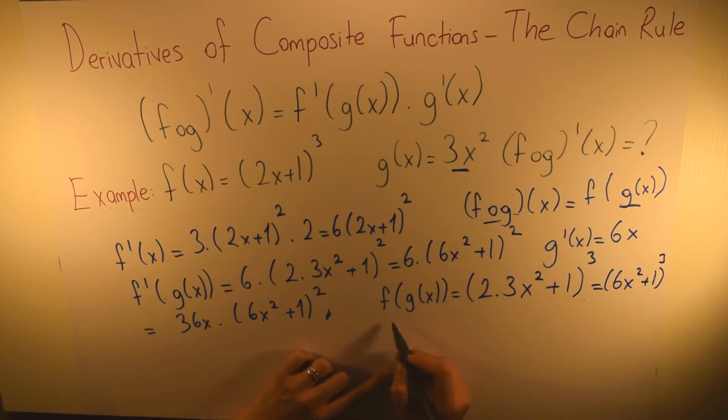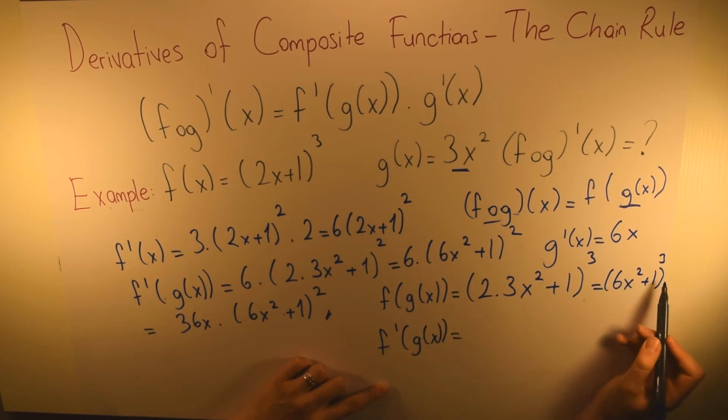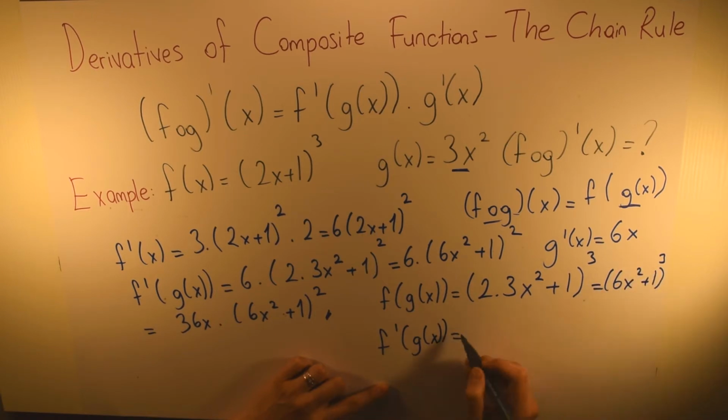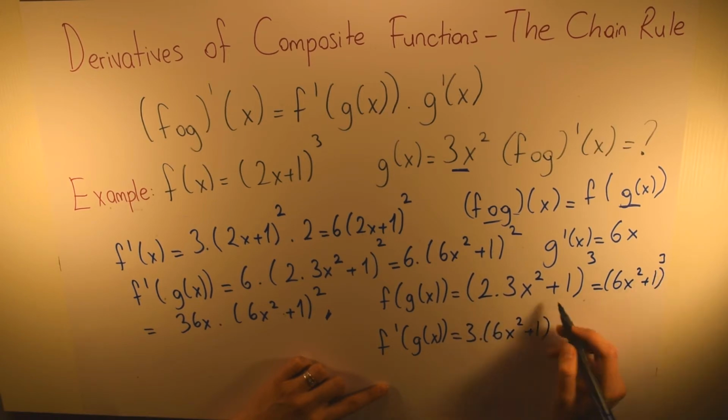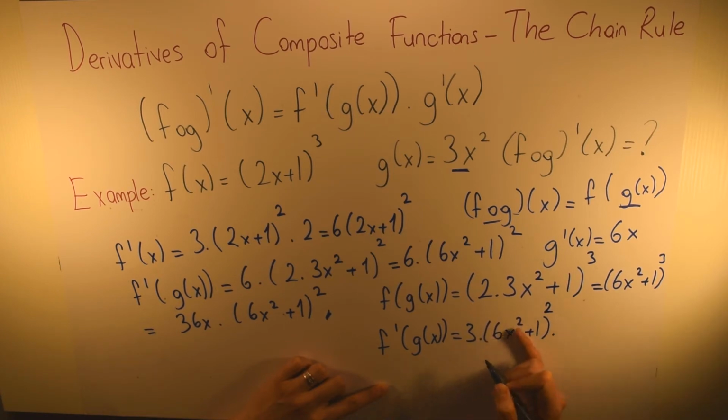Now I can take the derivative of this. I put this 3 in front of the parenthesis, it's 3 times (6x squared plus 1), 3 minus 1 is equal to 2, times the derivative of the inside of the parenthesis.